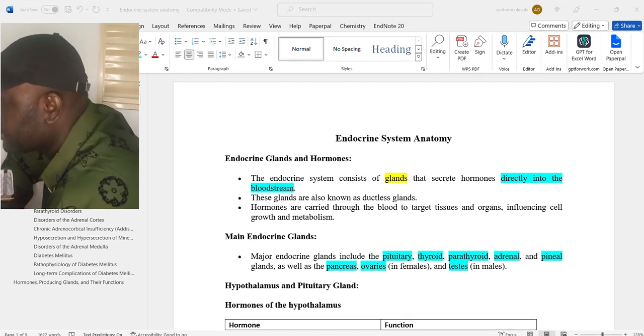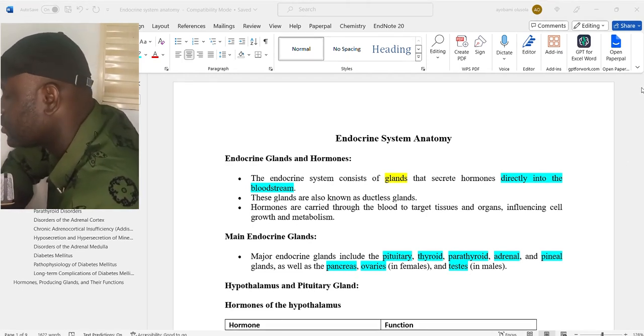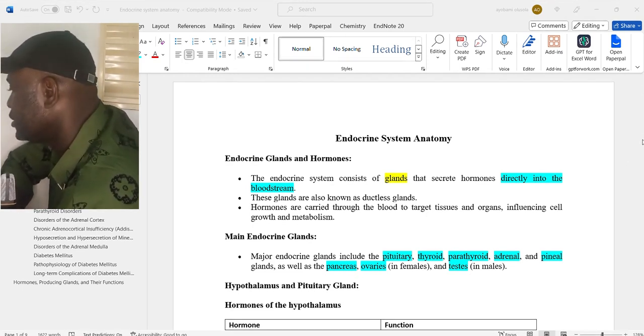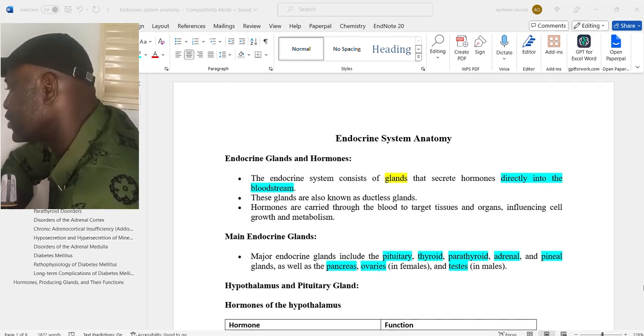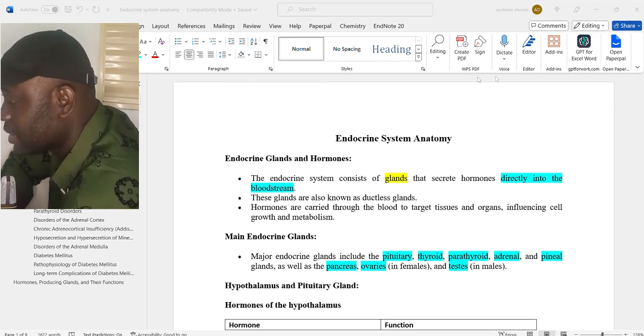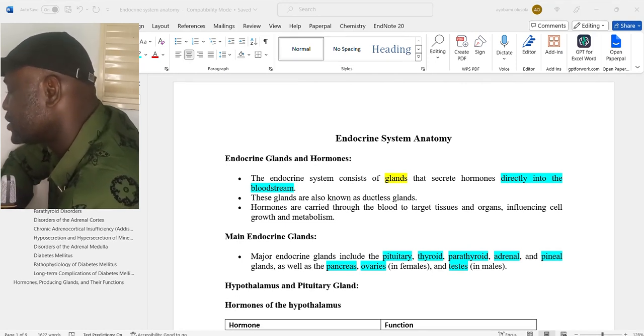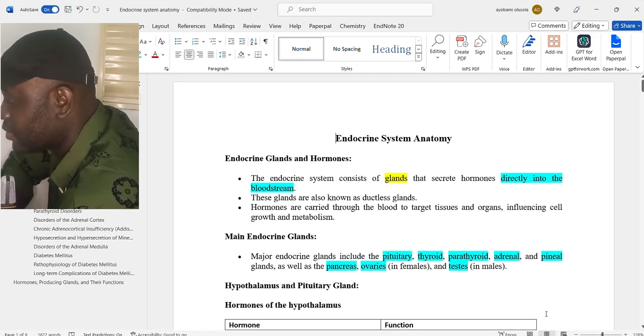The endocrine system consists of glands that secrete hormones directly into the bloodstream. These glands do not have ducts, they are ductless glands. So unlike the exocrine glands that have ducts, the endocrine glands are ductless glands. And this is why they secrete their hormones directly into the bloodstream.